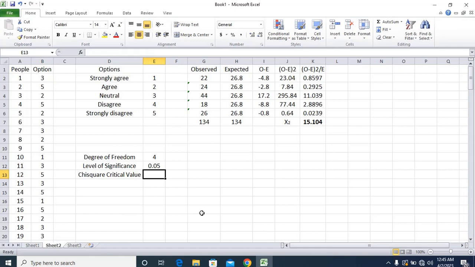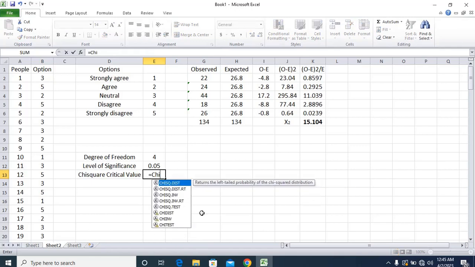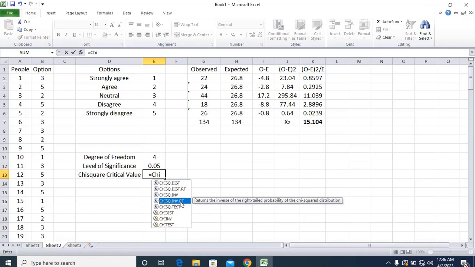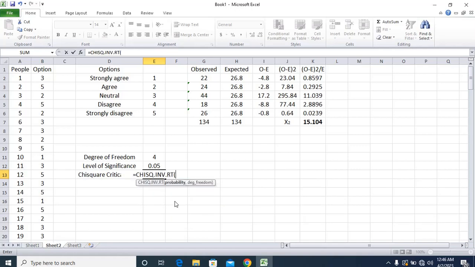How to measure the critical value? There is a formula, that is equal to CHISQ.INV.RT. This one is used for the determination of the critical value. This requires the probability and degree of freedom.